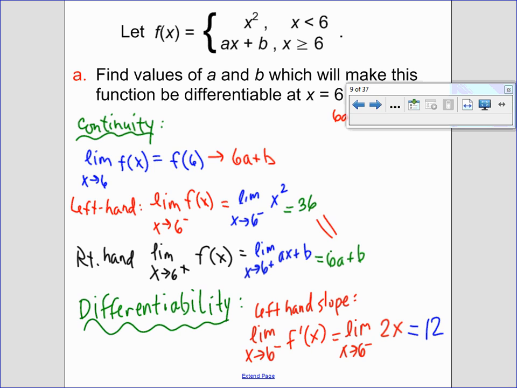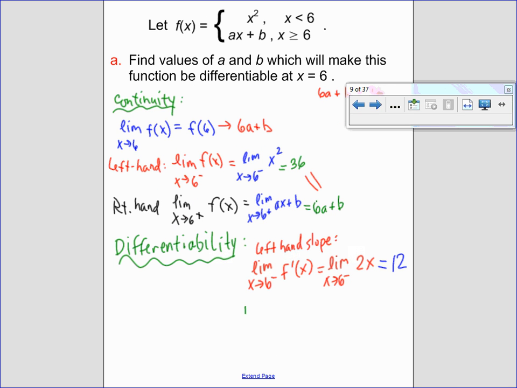awesome, right-hand slope. That is the limit as x approaches 6 from the right-hand side of f prime of x equals, and I'll use which definition as x approaches 6 from the right?